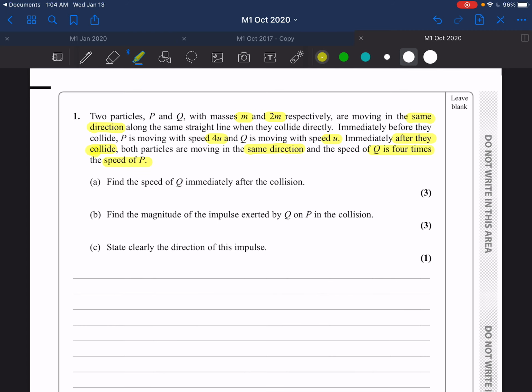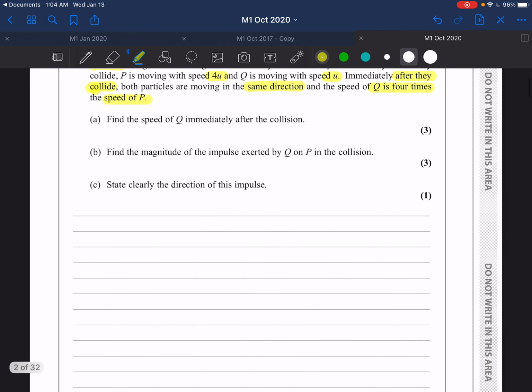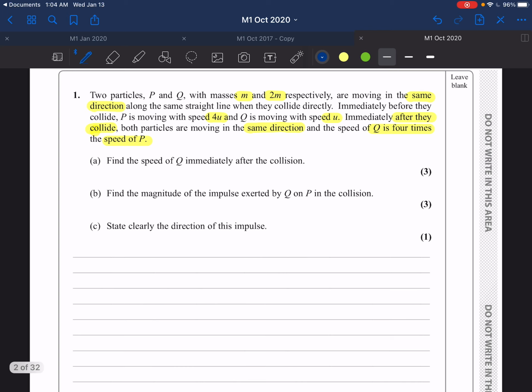the speed of P. Okay, so first of all, to make this simple, let us draw the diagram first. The mass of P is m and the mass of Q is 2m.